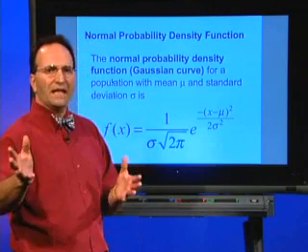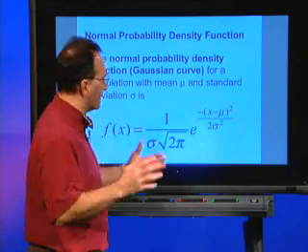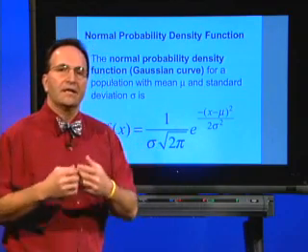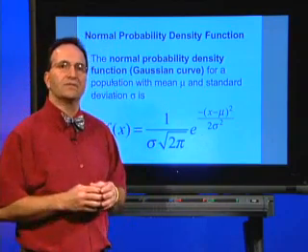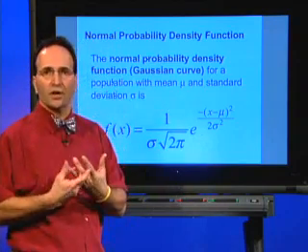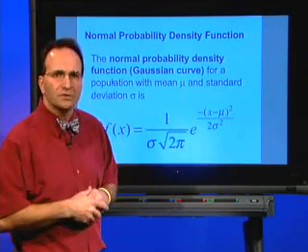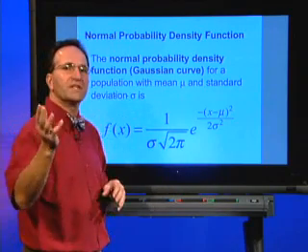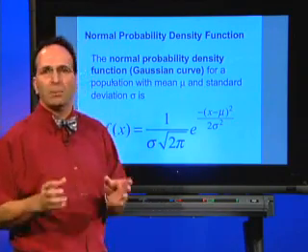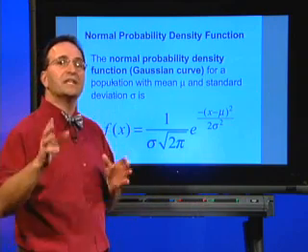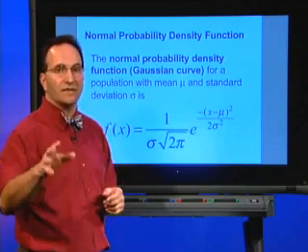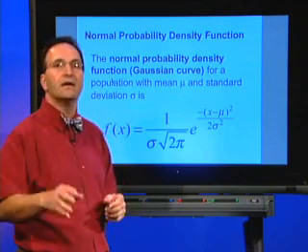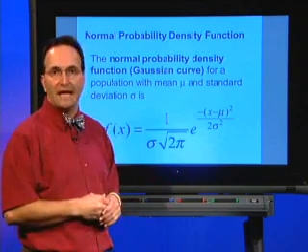Well, that's a very ominous looking formula, and let's talk a little bit about what this normal probability density function is. The normal curve is often called the bell-shaped curve, and it's one of the most significant curves in applied mathematics because it enables us to describe entire populations based on statistical measurements taken from a reasonably sized sample.